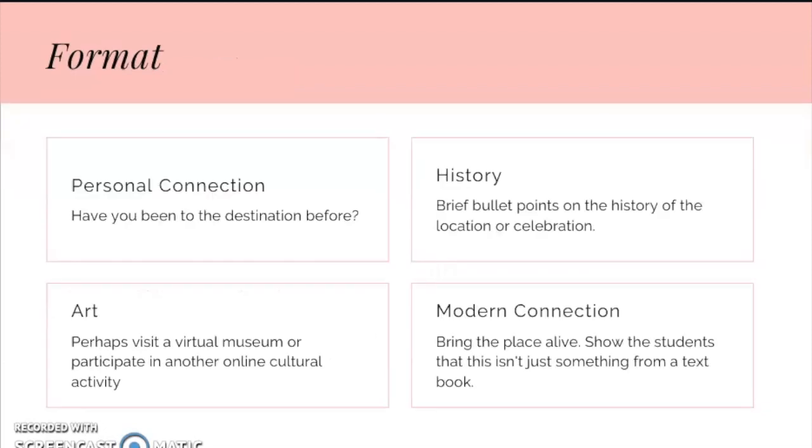So the format that I usually follow for my field trips, my presentations, is that I try to find a personal connection that I have with the destination. So have I been to the destination before? With Semana Santa, I lived in Sevilla when I was in college. So I had photos and videos somewhere, but I couldn't find them, of me celebrating Semana Santa.